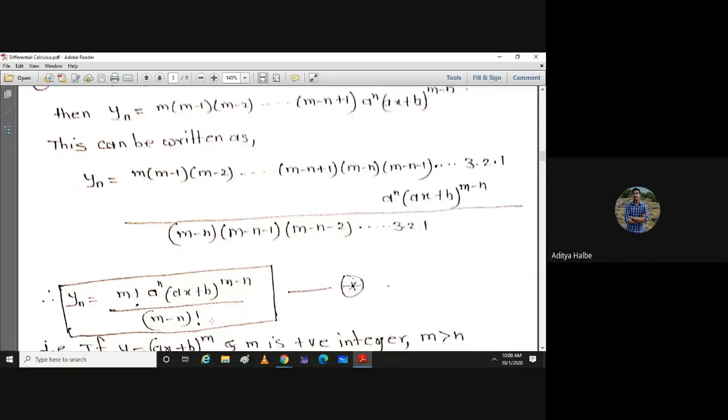Just to understand it, I write down one problem. y is equal to minus 2x plus 3, bracket raised to 44.